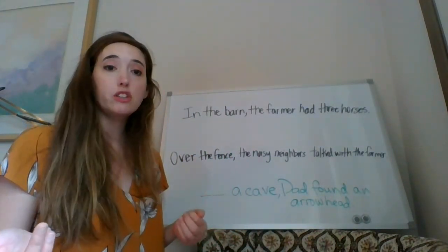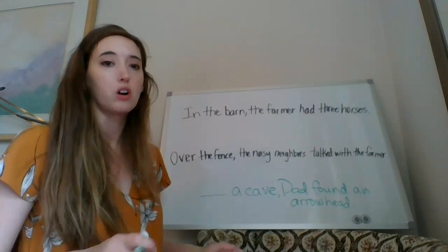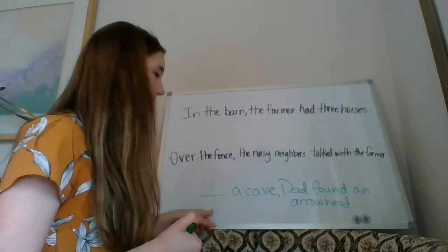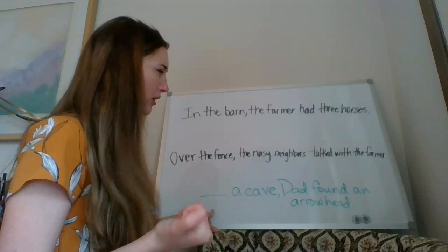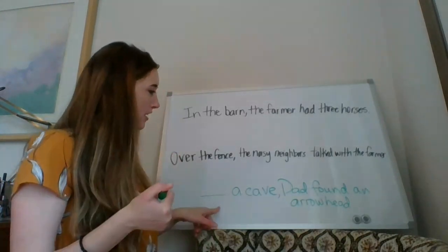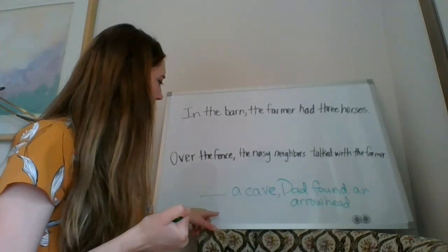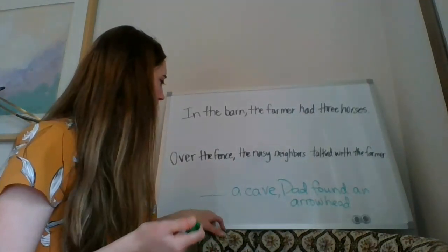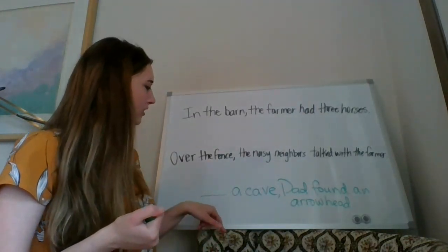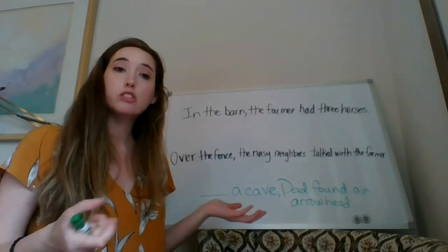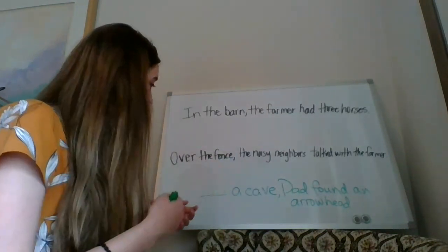There could be a few different options, but there are some that definitely won't work. So aboard, about, probably not, above, across, after, against, along, among, around. Around could work. You could find something around a cave.